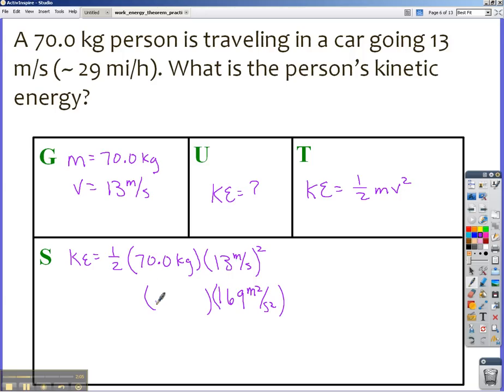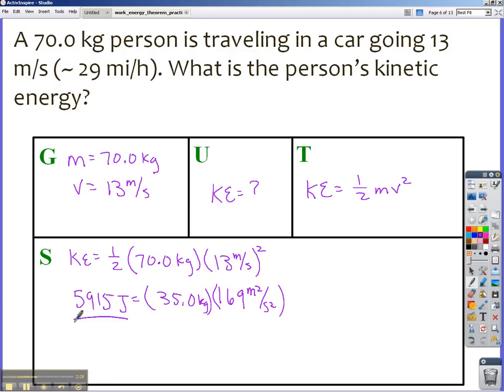And we're going to multiply that times half of 70, which would be 35.0 kilograms. And 35 times 169 is 5,915, and it's a kilogram meter squared per second squared, which we know to be a joule, or a newton meter. And that's the first part of the problem.